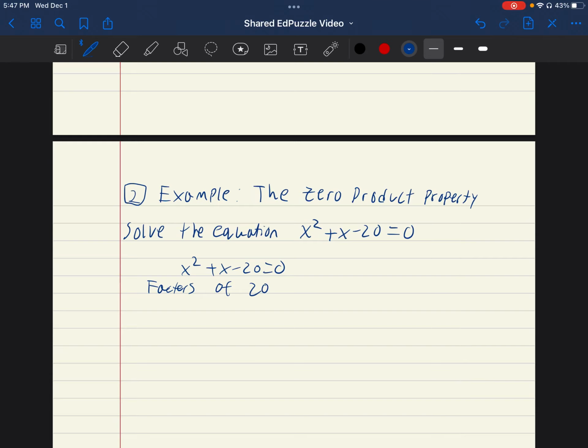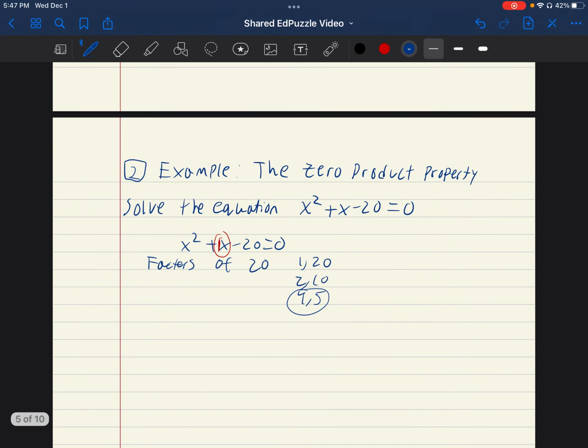The factors of 20 are 1 and 20, 2 and 10, and also 4 and 5. But we want factors that differ by 1, so the only pair that works is 4 and 5.